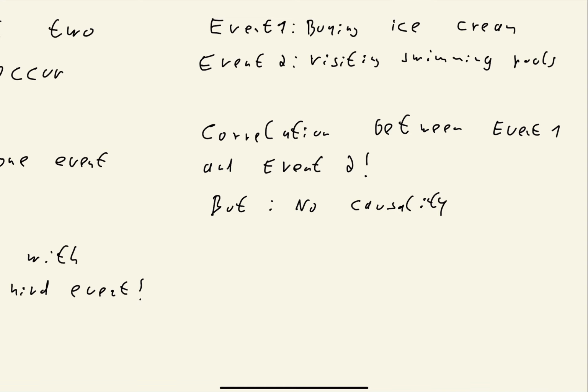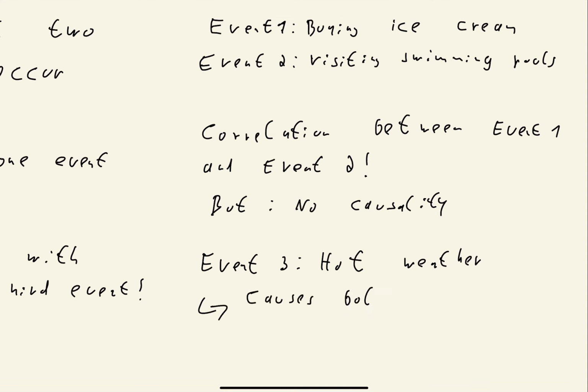And the other way around, if a lot of people buy ice cream, this is not the causal channel through which people also visit swimming pools, because there is another event, event 3, which is hot weather. This causes both event 1 and 2.